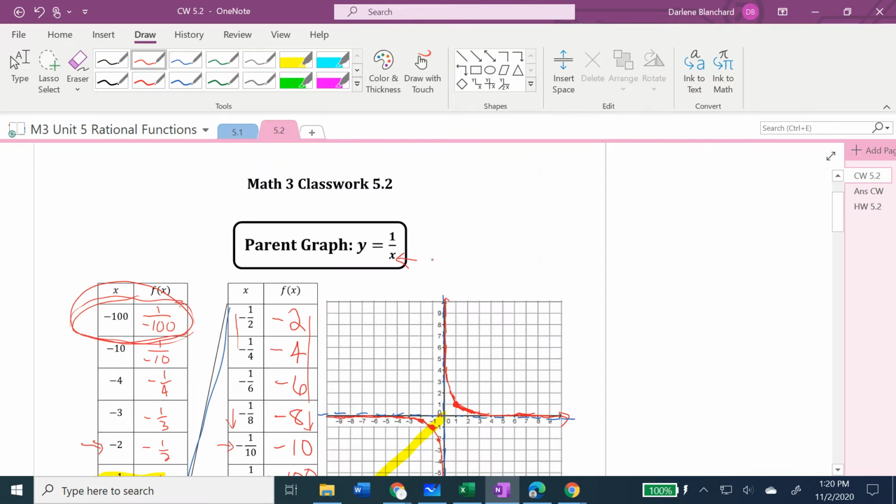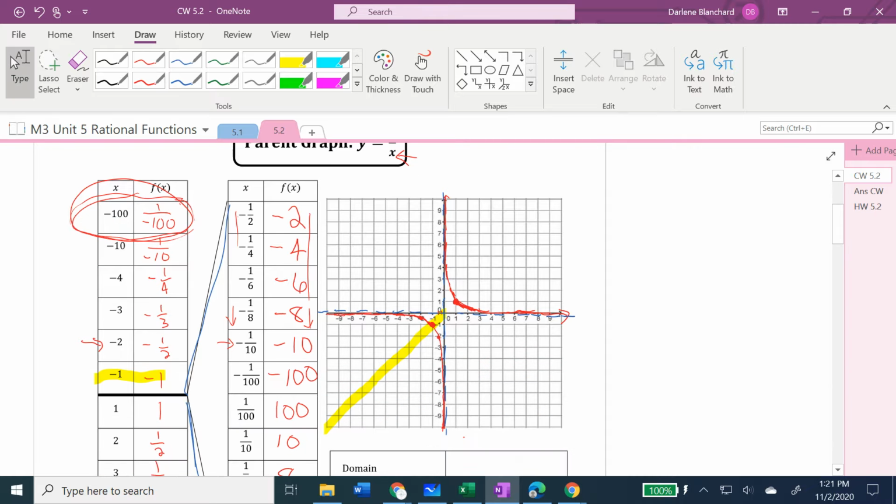If I try to plug 0 into that x, I will get 1 divided by 0, which is a problem. Now, theoretically, it's infinity. But infinity isn't a number, so I can't plot it. The asymptotes just show what's happening as I get closer to 0, but I'm never going to be able to actually plug 0 in.